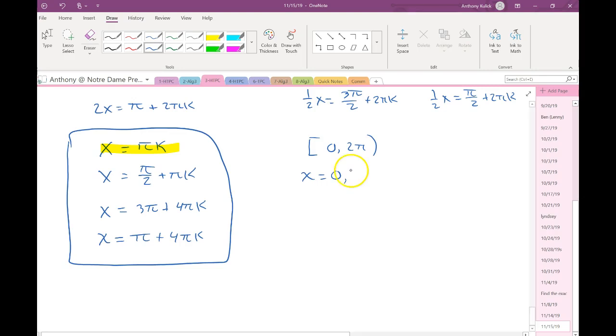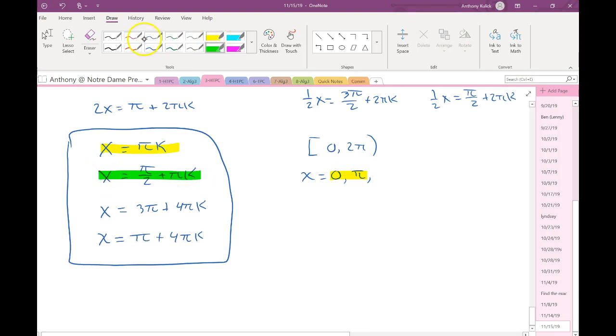Pi. Is that in the range? Yep. When k equals 2, I get 2 pi. Is that in the range? No. Because I have the parenthesis at the end rather than the bracket. Be careful about that. And obviously, if k is -1, I get a negative, and that's too small, right? Okay. So those two answers came from the first part.